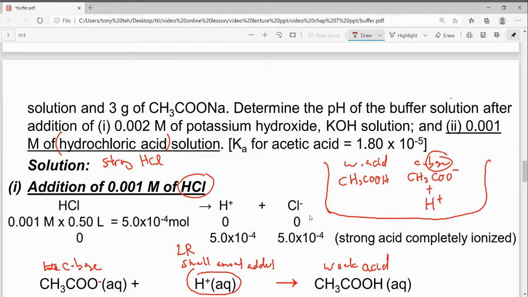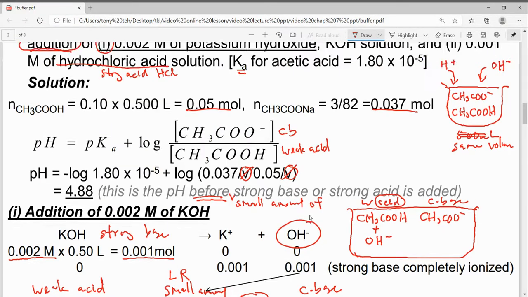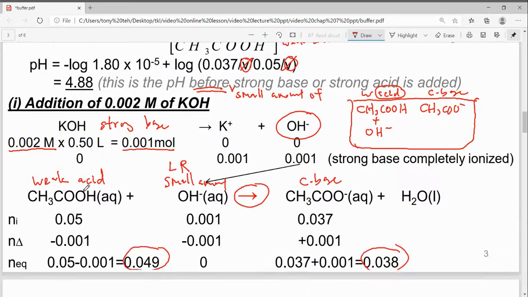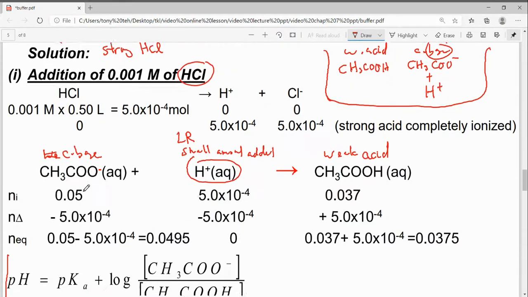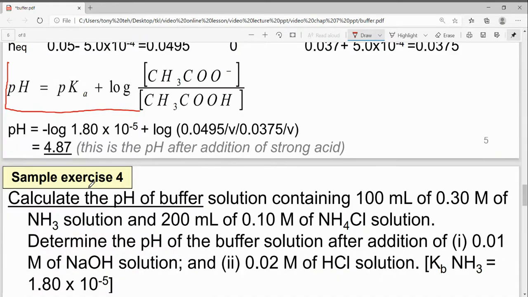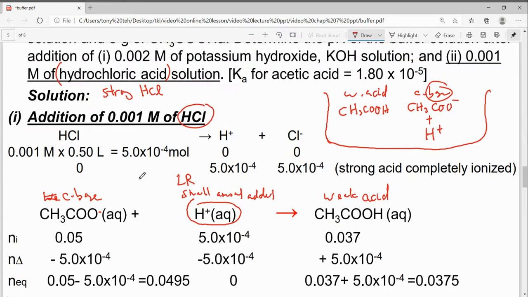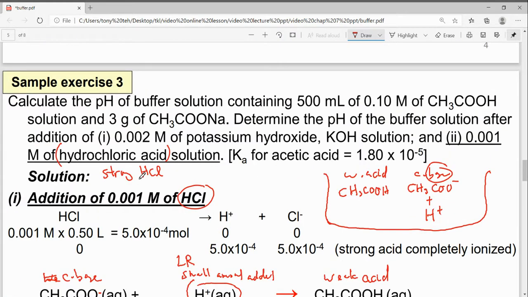Just now, before addition of strong acid or strong base, with just a buffer solution, we got 4.88, meaning that after the addition of a small amount of strong acid or strong base, the pH of the buffer solution is maintained. So this kind of question is very easy to do.